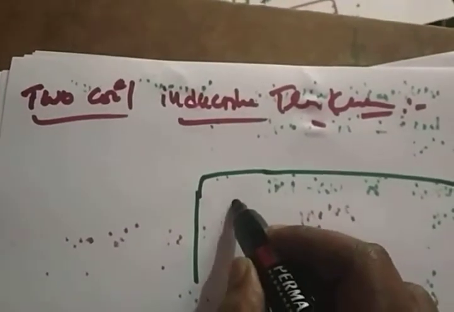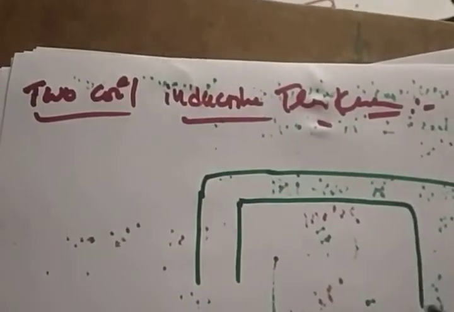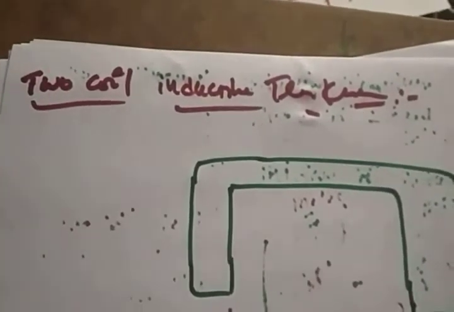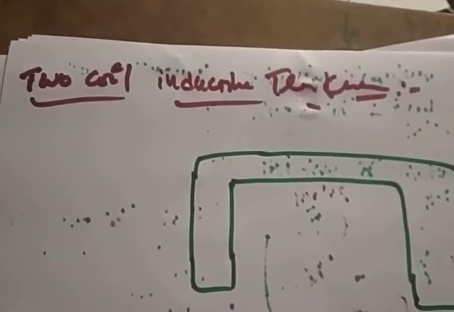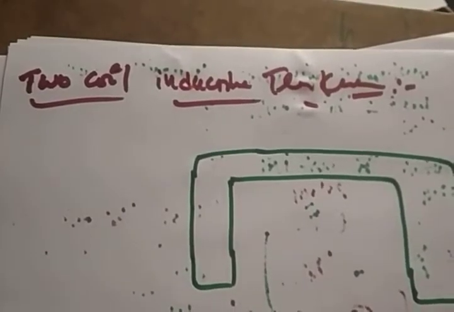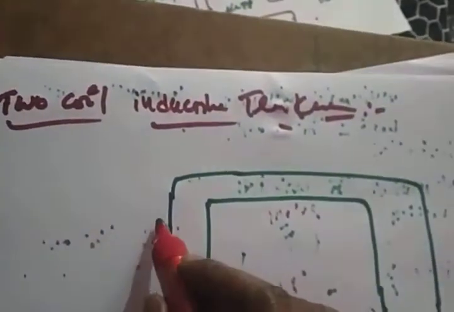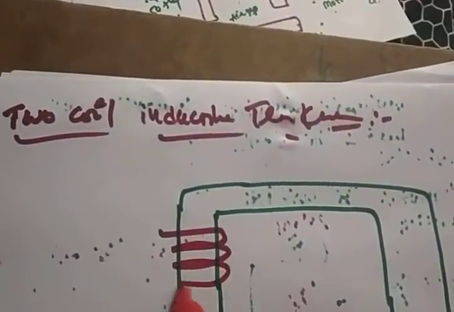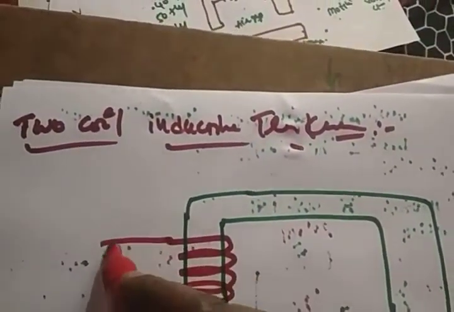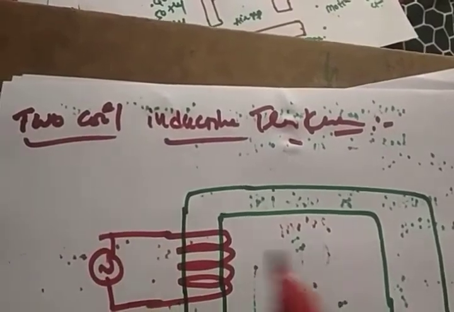Similarly, the same thing. You have two magnets which are connected in parallel. Another magnet you are placing here. In this you are placing a coil. The coil is excited by the AC supply.